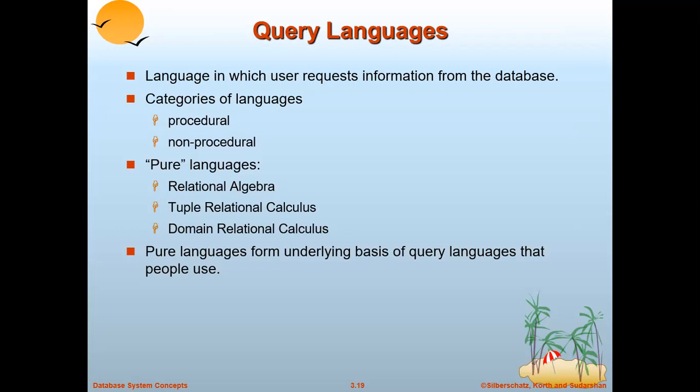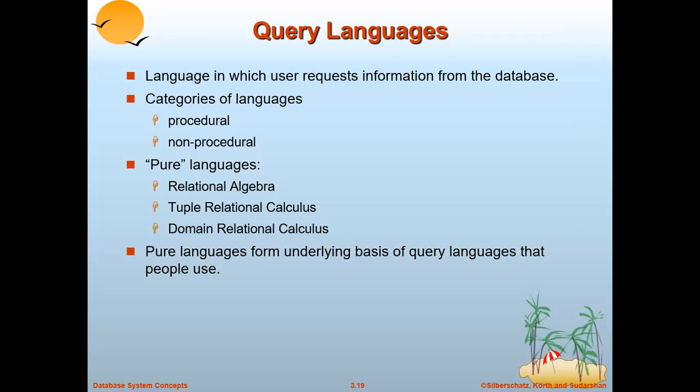Again, if we see, there are pure languages, and those are relational algebra, tuple relational calculus, and domain relational calculus. Pure languages form the underlying basis of the query languages that people use.